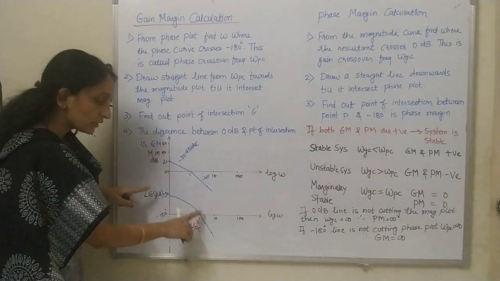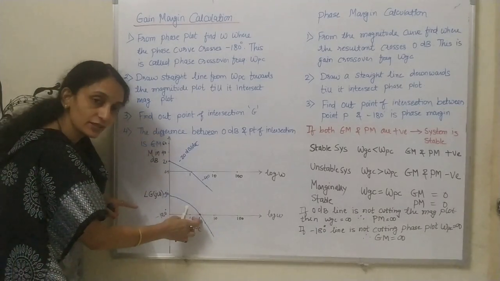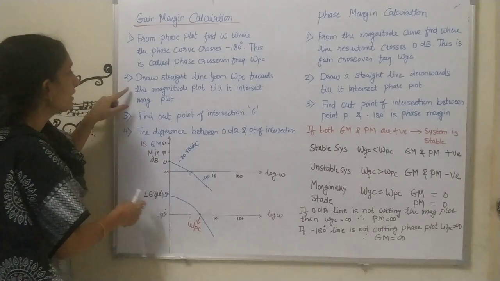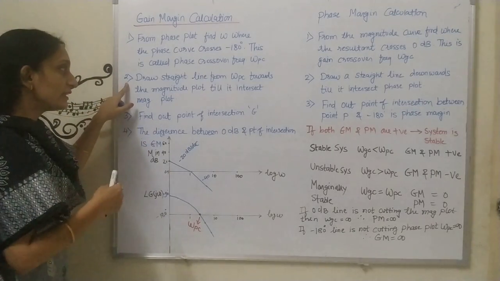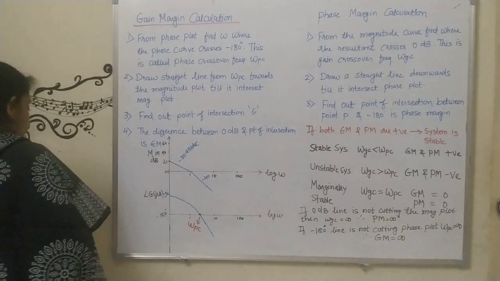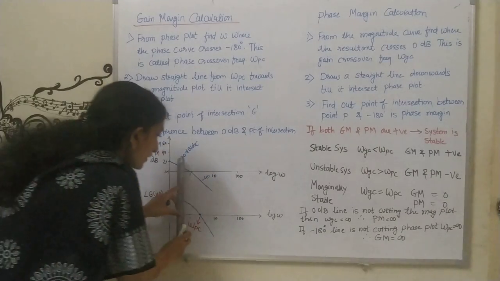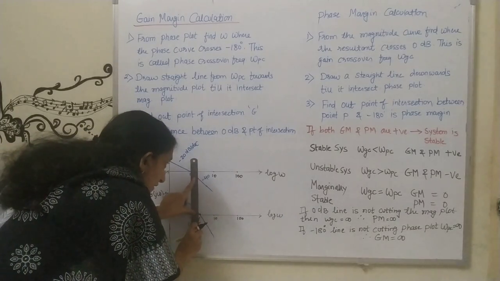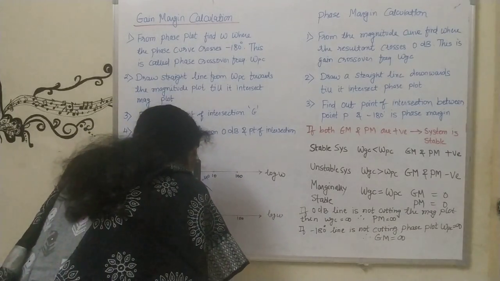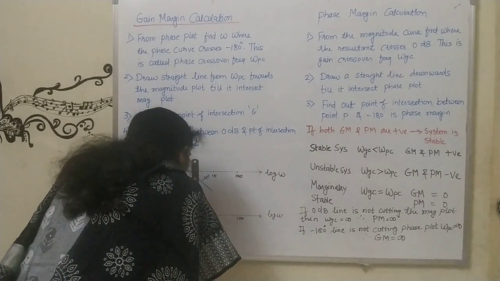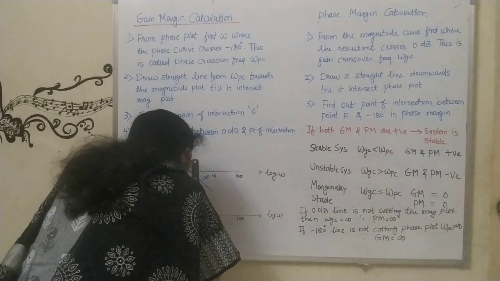When the phase plot is intersecting the minus 180 degree line, that point of intersection is called the phase crossover frequency. Second step: draw a straight line from omega PC towards the magnitude plot. Now I have got omega PC, so from omega PC I will draw a straight line upward so that it will intersect the magnitude plot.